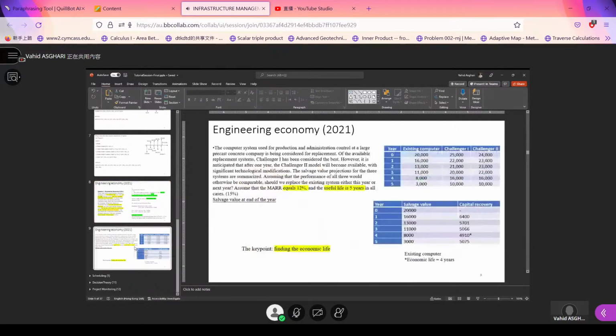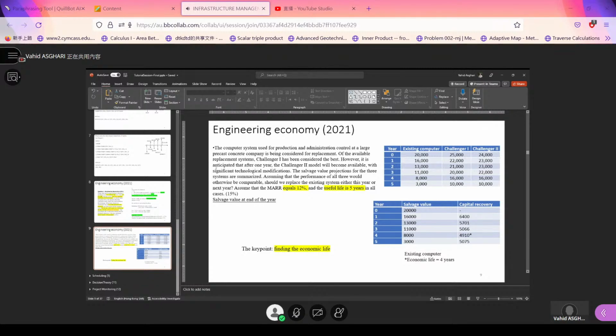There was another question in the engineering economy section in 2021. The computer system used for production and administration control at the large precast concrete company is being considered for replacement. Okay, they want to replace the computer. Of the available replacement systems, Challenger 1 has been considered the best.